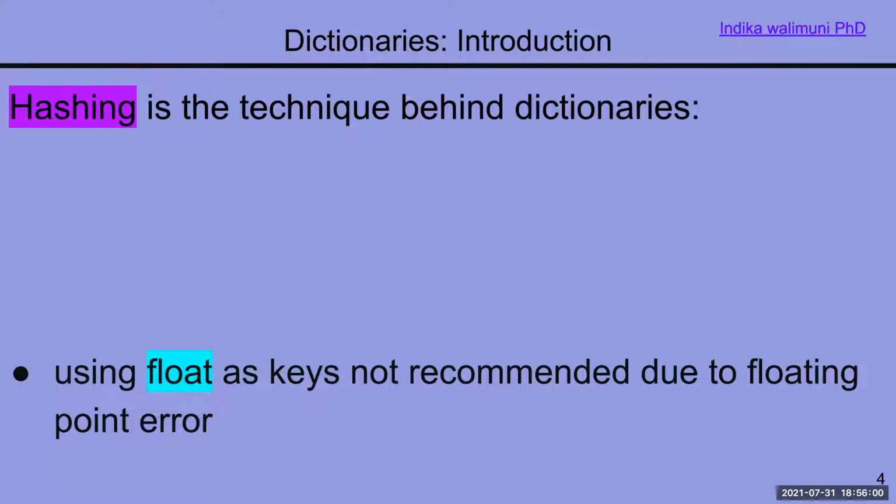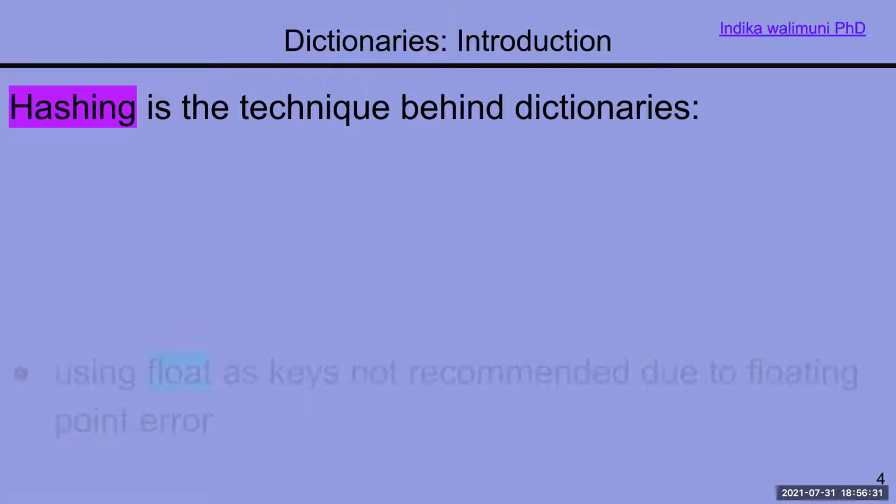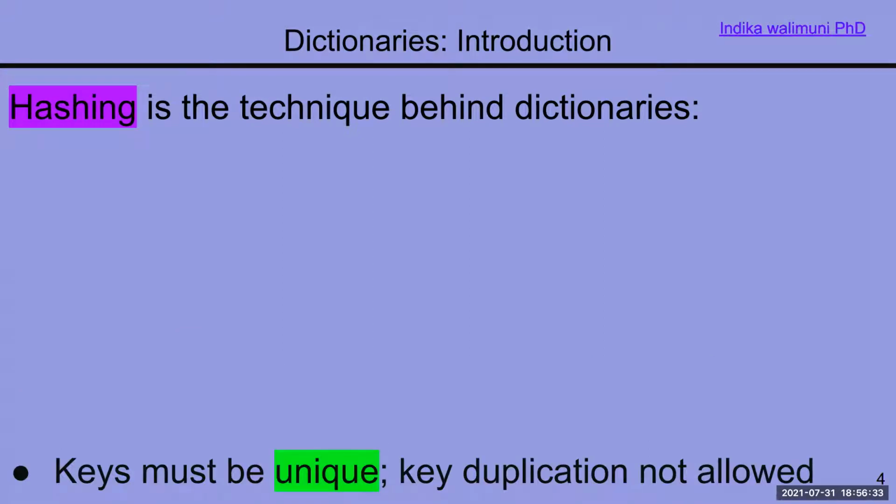We know that numbers are immutable in Python, and that includes floating point numbers, but we usually don't recommend using floating point numbers as dictionary keys because there is an associated floating point error in a key, so there's some uncertainty there. It's good to avoid using floating point numbers as dictionary keys. Keys must be unique, so key duplication is not allowed.